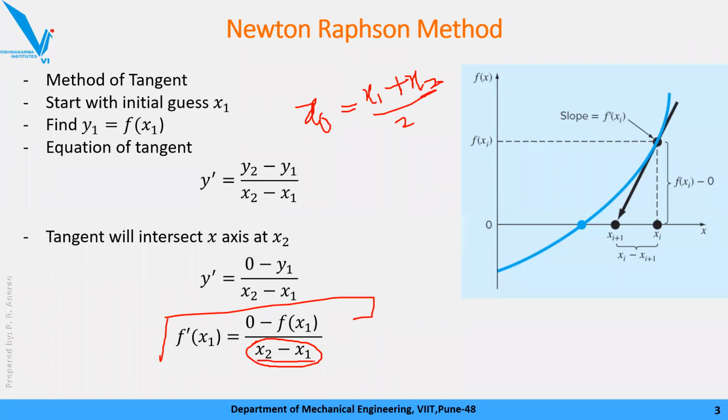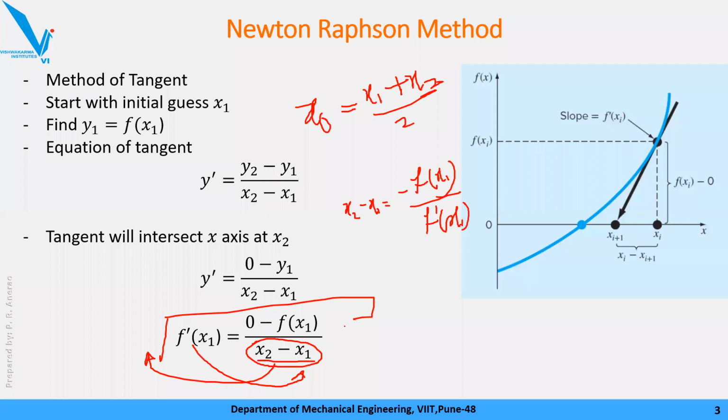I'll take x2 minus x1 onto the left hand side and f dash of x1 onto the right hand side. So I'll get x2 minus x1 equal to minus f of x1 divided by f dash of x1.